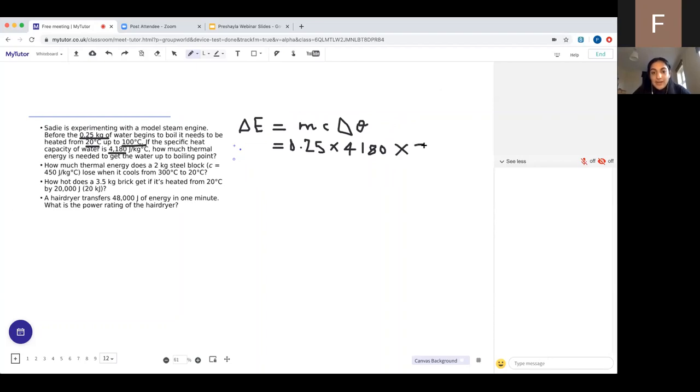So could you please put that into your calculators to come up with the change in thermal energy that we have to get it up to boiling point? So remember, boiling point is just 100 degrees, which is what the experiment is doing. So we're doing 0.25 times 4,180 times 80.